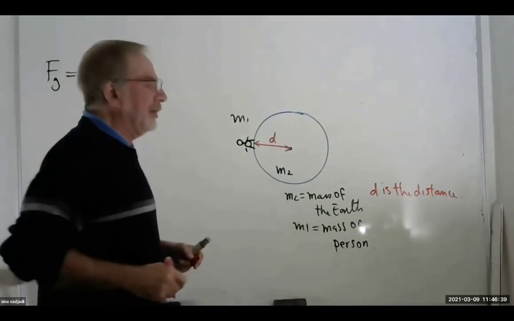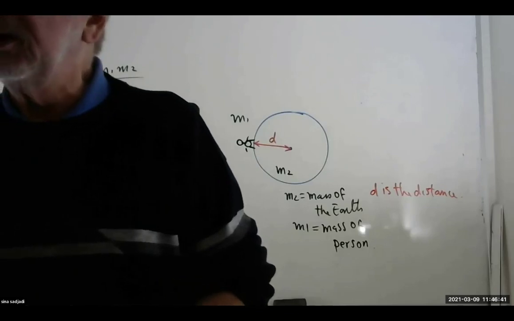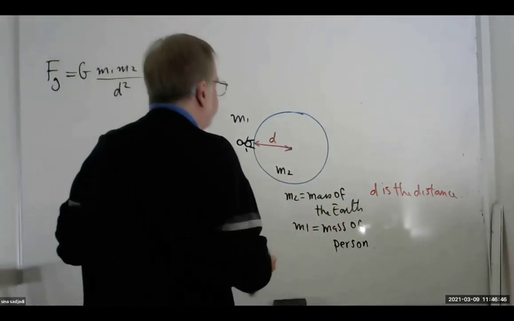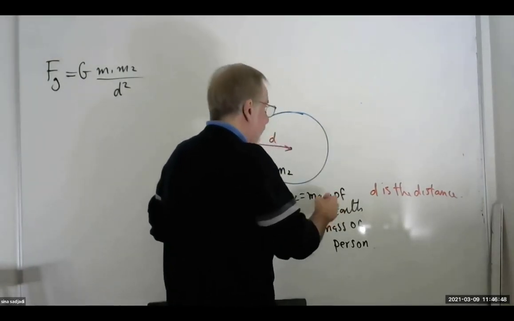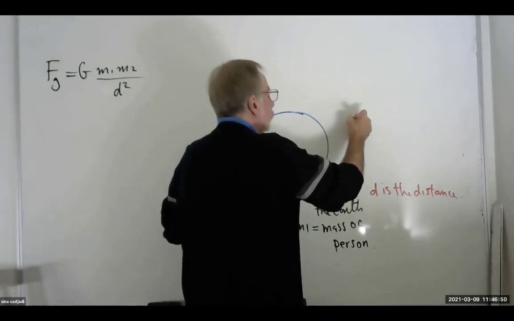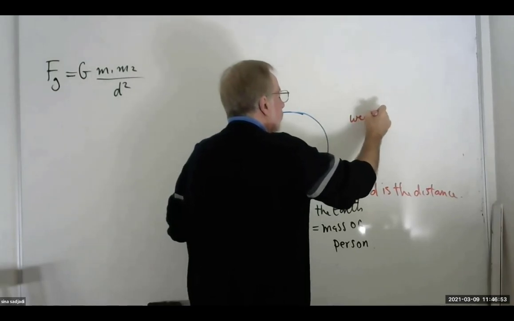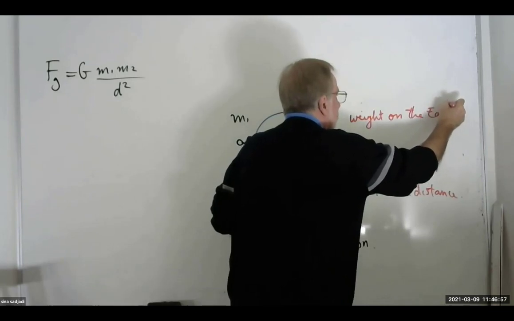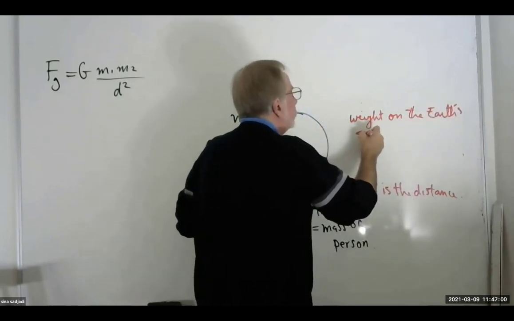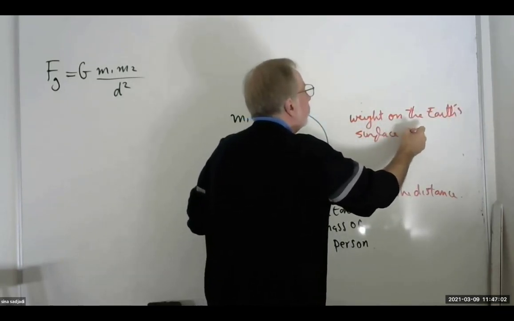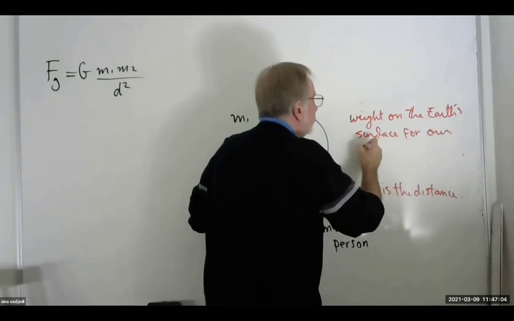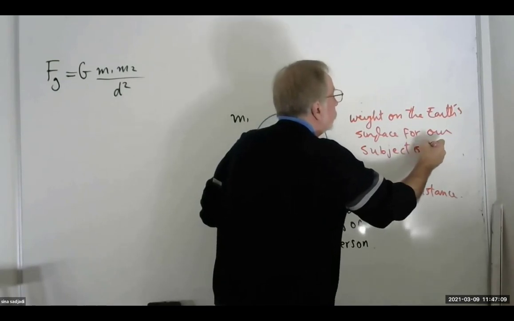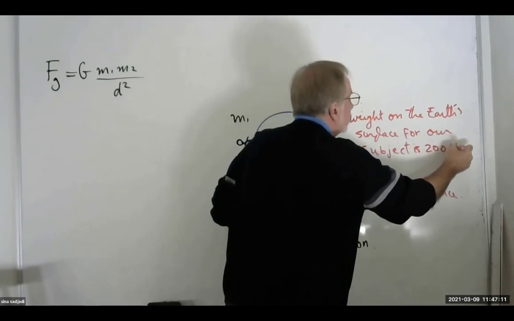And let's say this guy here has a weight of, let's make it 200 pounds, all right? So let's say this guy's weight on the Earth's surface for our subject is 200 pounds.